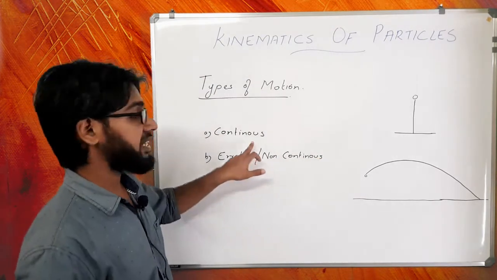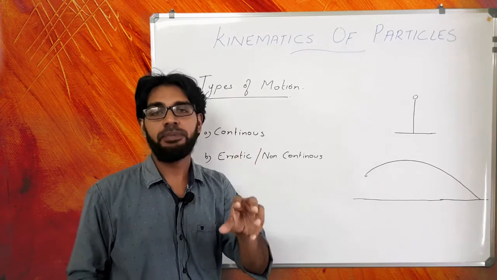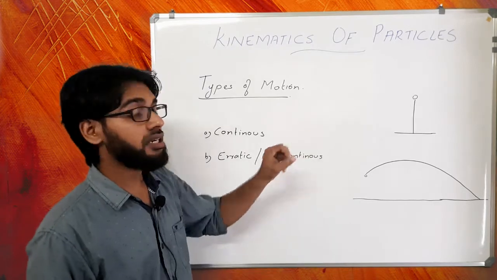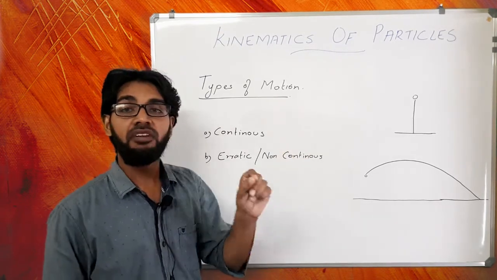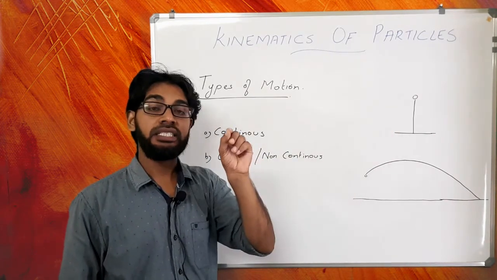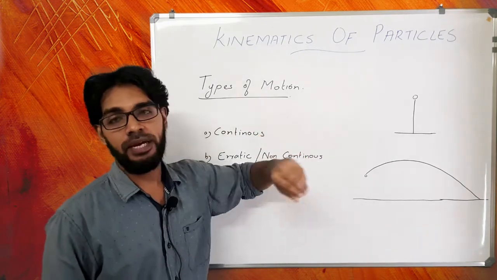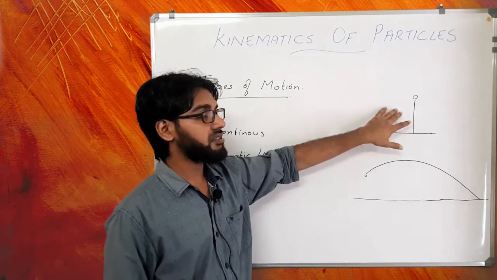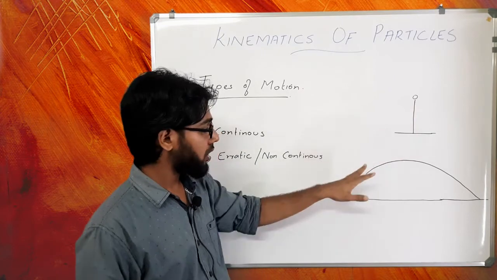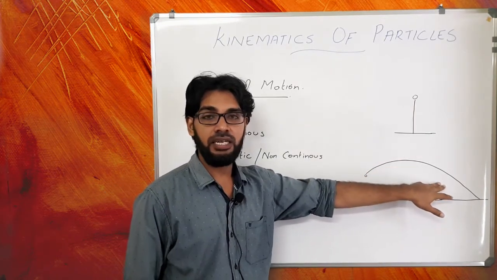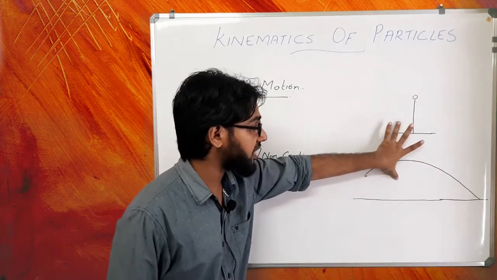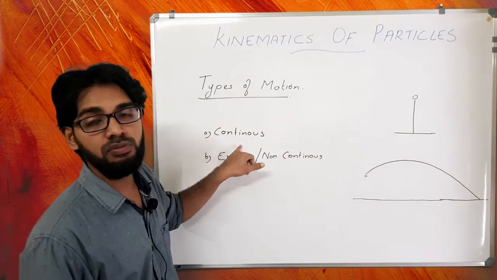A continuous motion indicates that the motion parameters such as position, velocity and acceleration can be described as a single mathematical function throughout its path. Like for example, in this case, I can describe the motion of a ball that is thrown vertically downwards or a motion of a projectile, as in the case here, by a single mathematical function till it reaches the ground. So both of these cases are examples of continuous motion.